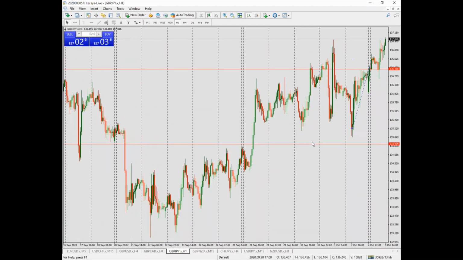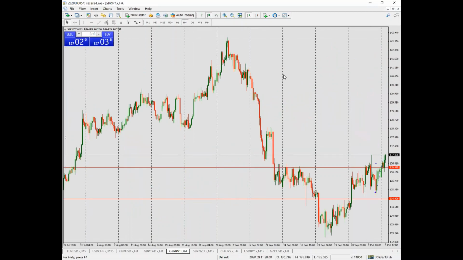All right, so if we take a look at this 4-hour chart, we can see very clearly how this demand broke out this supply. You can see this one is just in front of this one.